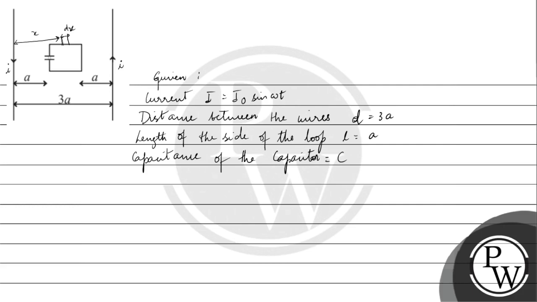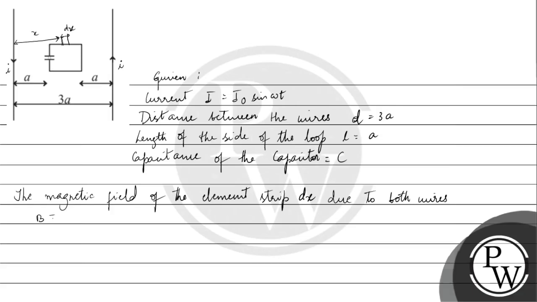Now for an element strip of thickness dx which is at a distance x, the magnetic field of the element strip dx due to both wires, we will calculate first.